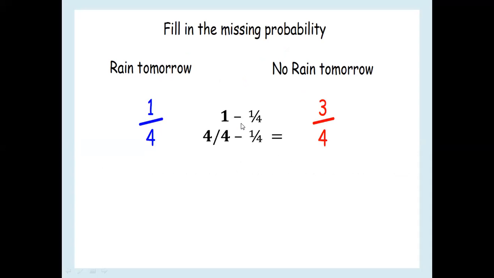So 1 minus 1/4. Since our denominator in the given probability is 4, we write it as 4/4 minus 1/4, which is 3/4. And you can do that mentally. No need to write this step in the middle. If you have 1 part out of 4, how much is left? 3 parts out of 4.